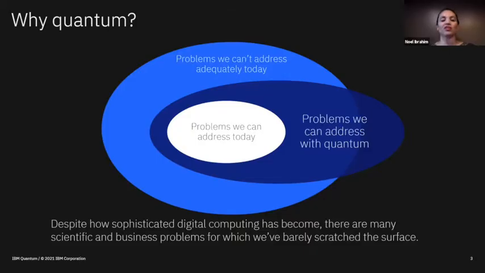So problems we can't address adequately today abound, such as the examples we just gave. However, there are several problems that we can address today. There are also problems that can be addressed with quantum computers that cannot be addressed with classical computers. For example, factoring.